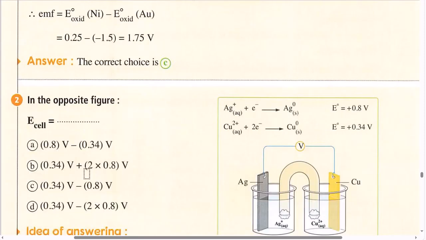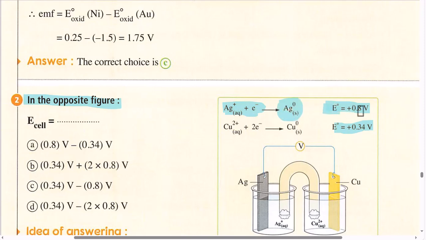Another example: in the opposite figure, the potential of silver and the potential of copper are given. What is the potential of silver? Is it an oxidation potential or a reduction potential? Here the equation shows that silver is reduced by 1 electron from silver ion to silver atom, zero solid.